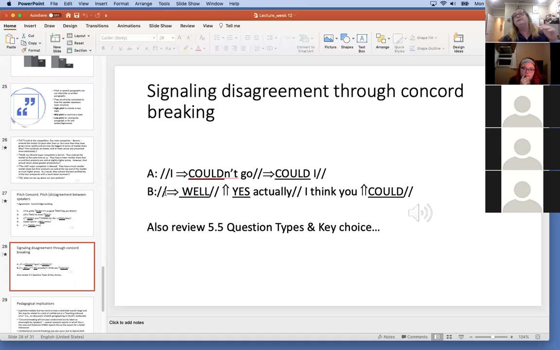And speaker B says, "Well, yes, actually, I think you could." And that "well" is what's called short token, long prosody, meaning it's a warning bell to say, I'm now going to disagree with you. And then there's a concord break as he shifts up in key from where the initial person was. And you can listen to that.